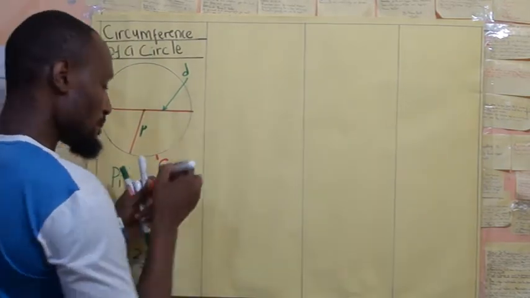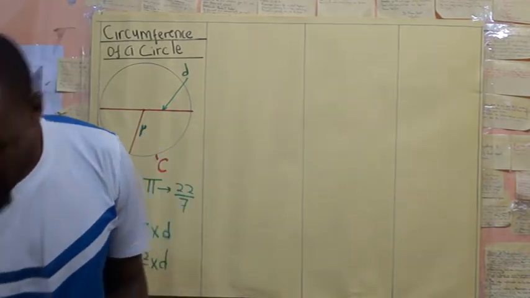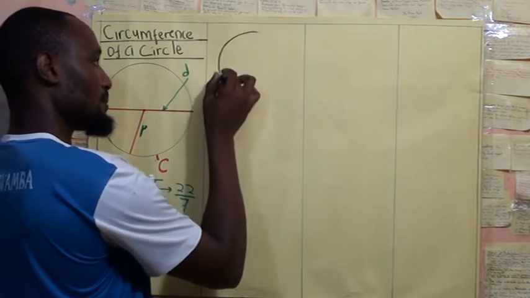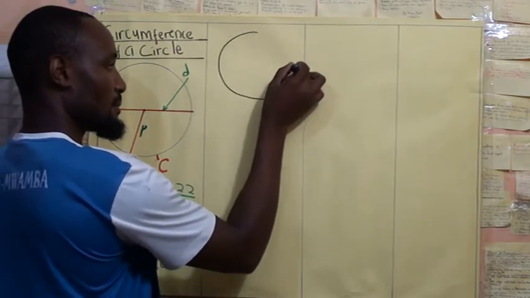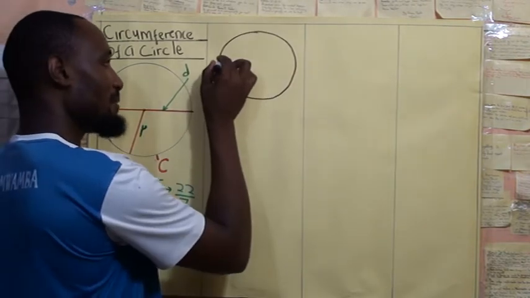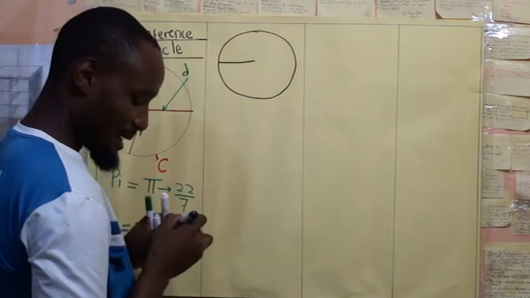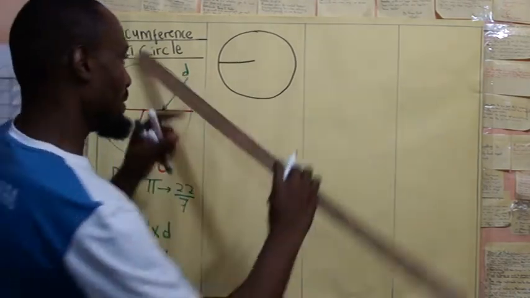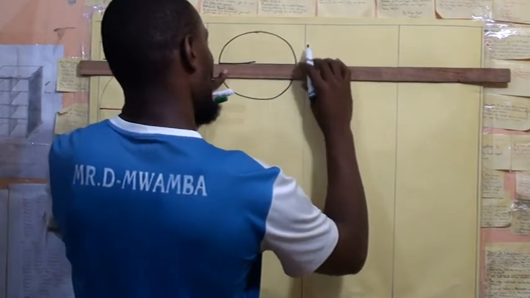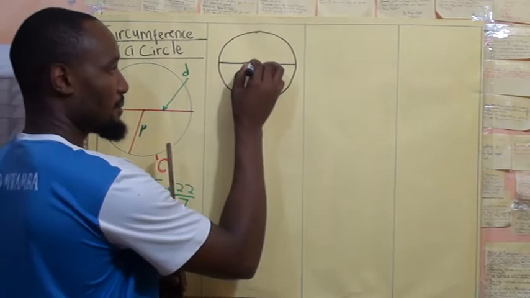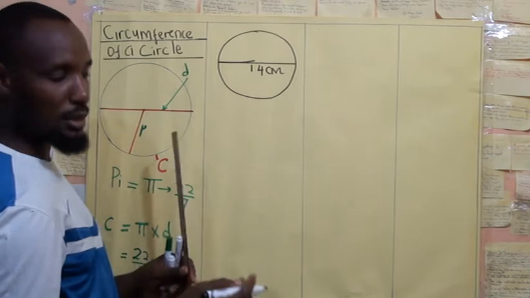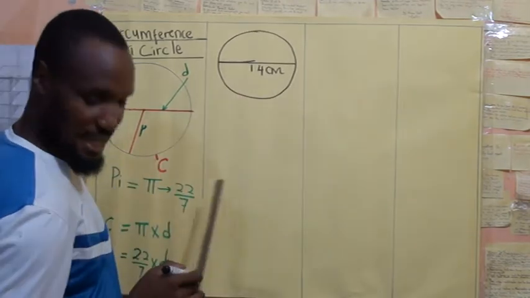Let's see. Then use black. Draw a circle. That's my circle. Now, you have been given the diameter as 14. Always, measurements are in centimeters, meters, or kilometers. And now you have been given 14 centimeters.